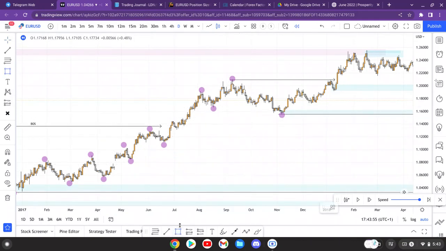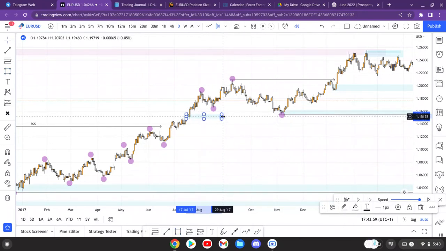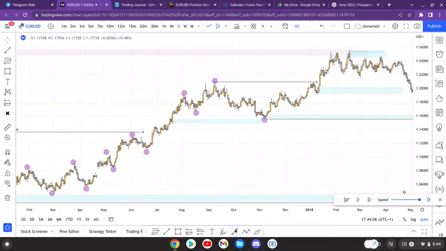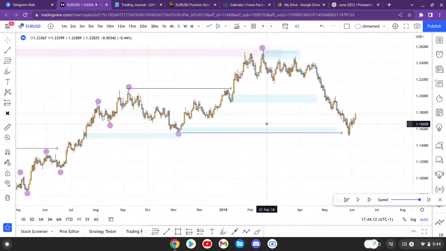Actually goes ahead and taps into a nice point of interest here. Okay, so yeah, you can see that we're clearly bullish, right? So people might be looking for buys here.